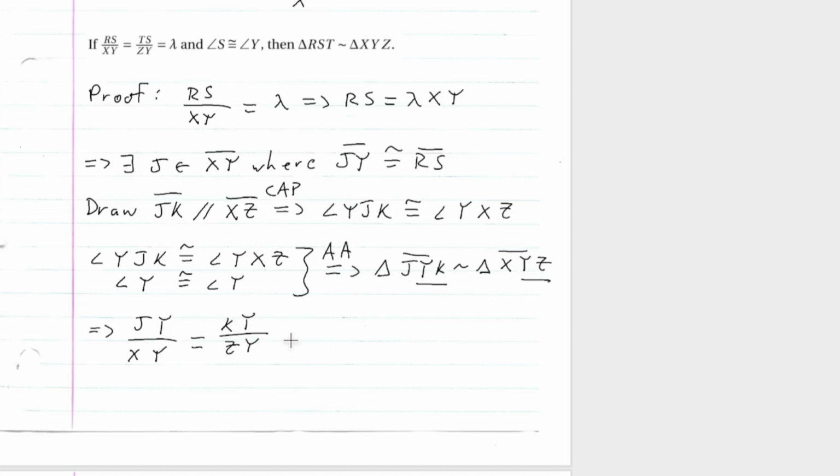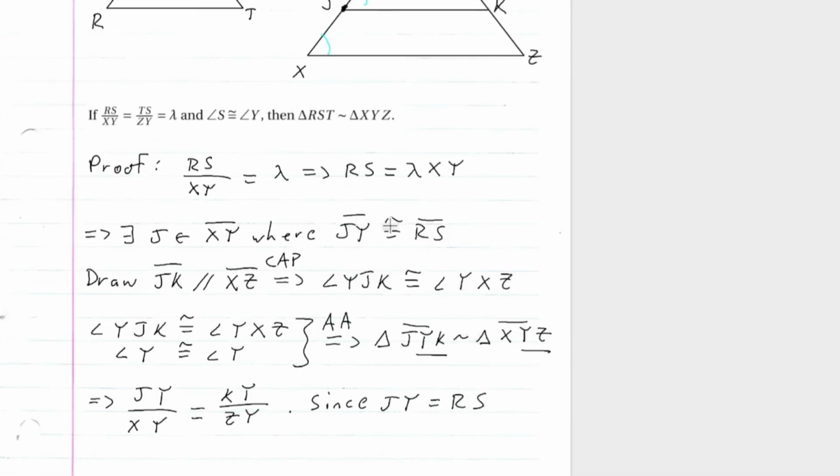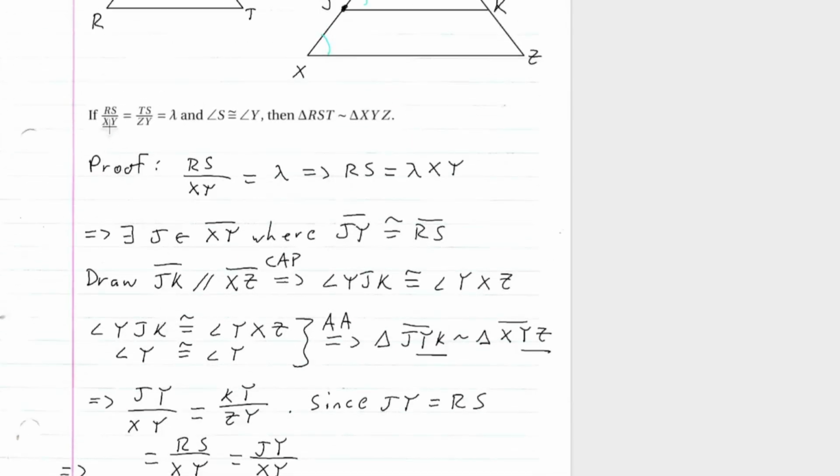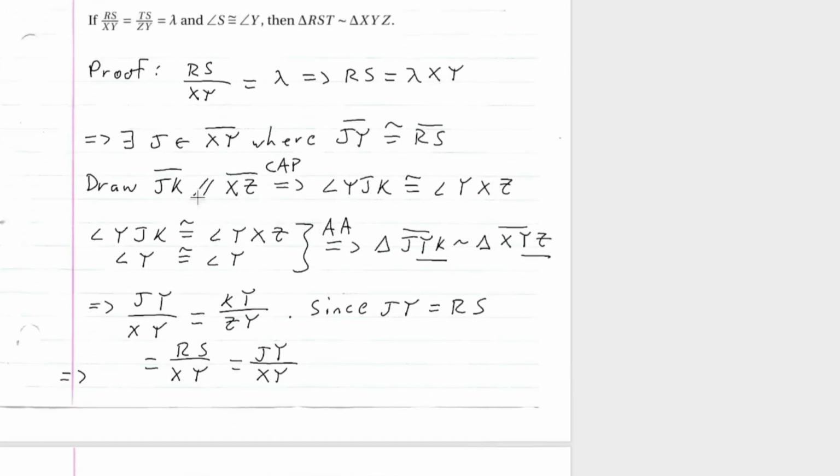Right? So remember, since JY is equal to RS, we got that from here. This implies that JY over XY is equal to RS over XY. But we also know RS over XY by assumption is equal to TS over ZY.